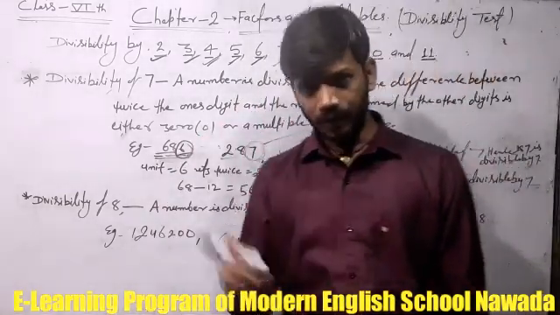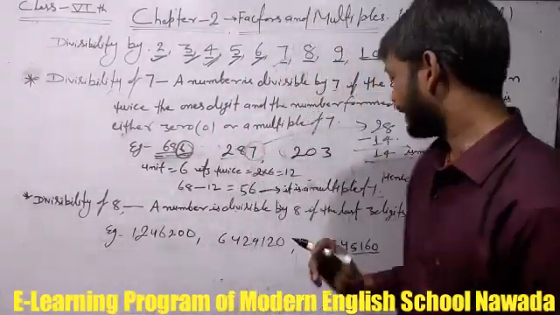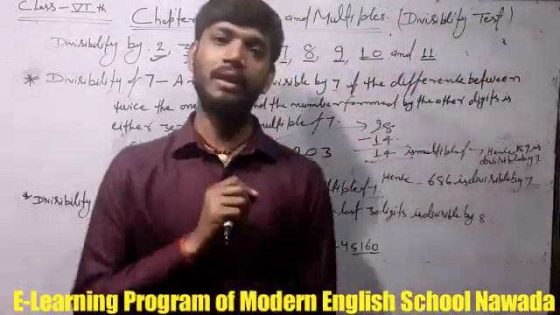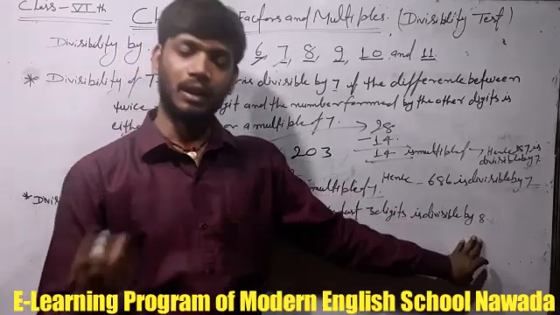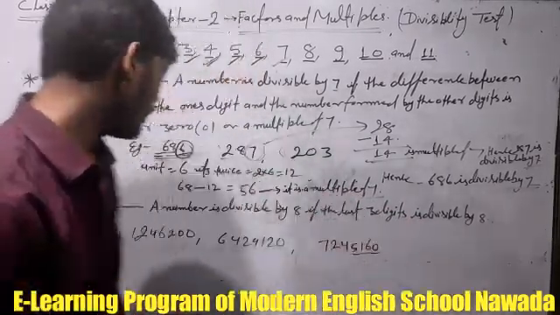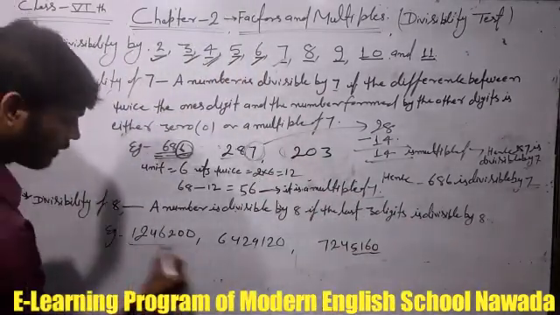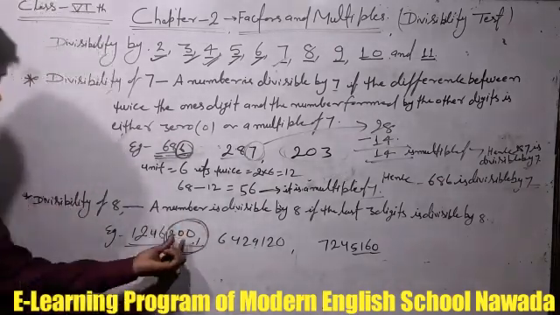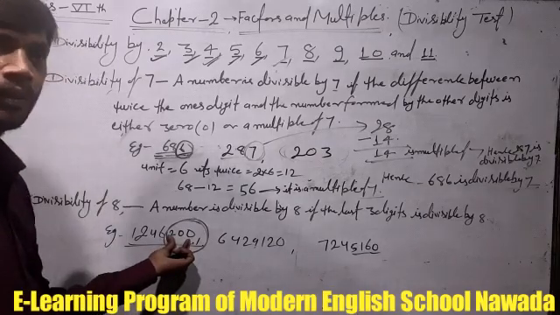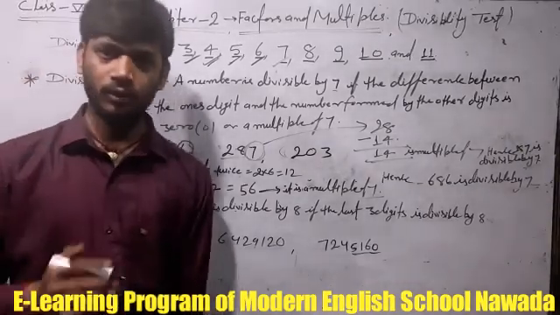That means in any number, if its last 3 digits are divisible by 8, then the number is divisible by 8. Observe this number, its last 3 digits are 200. And you know 200 is divisible by 8.